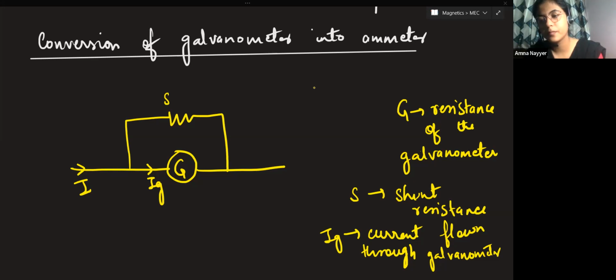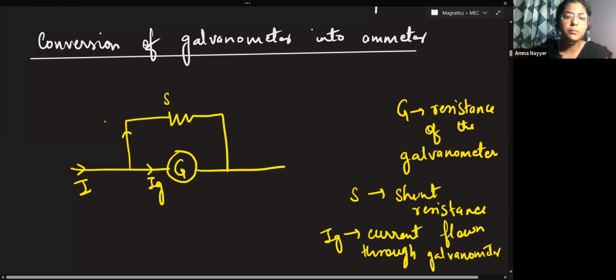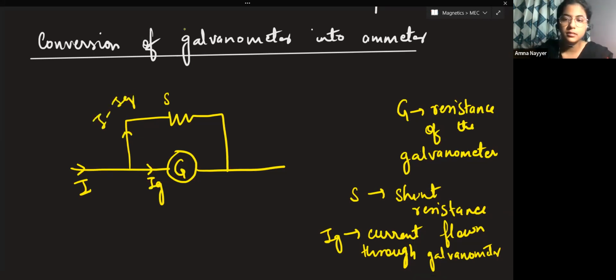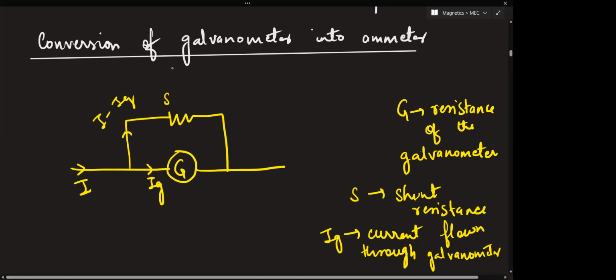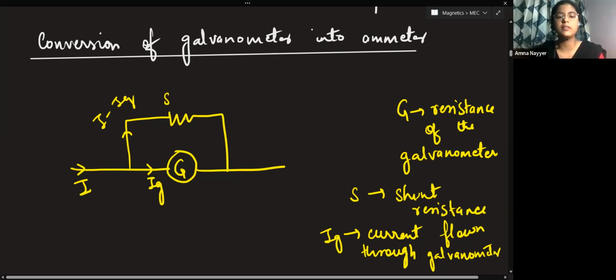Yes, right, correct. It will be I minus IG. So this will be I minus IG will flow. Hamza, clear? Yes, ma'am. Total current is I. IG has gone, so this much will be left.